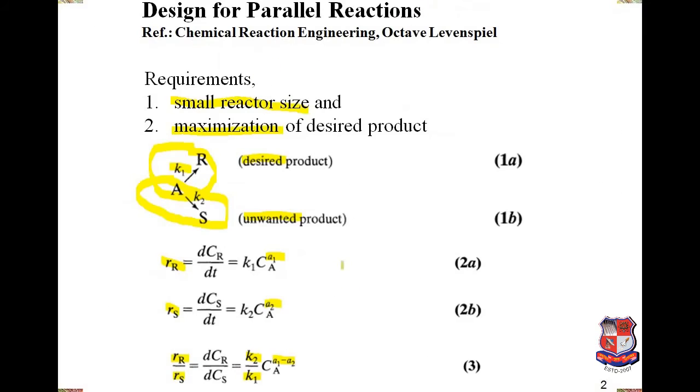If a1 minus a2 is positive, then a higher value of C_A gives more R formation.